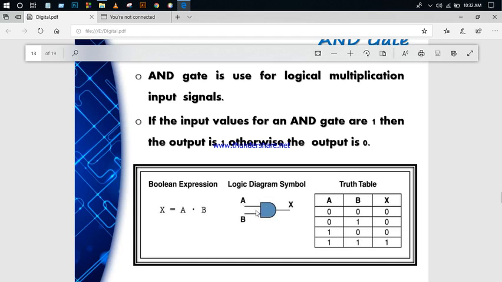This is the AND gate sign. Here is the truth table. Input A and B are 0 0, and then output X is 0. Similarly, with input A 1 and B 1, the output is 1.